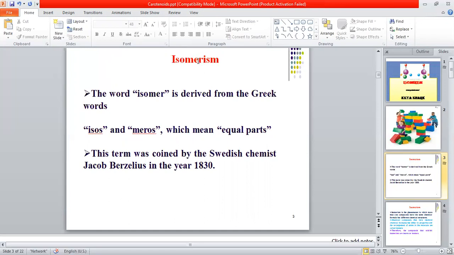So isomer means similar part, and this phenomenon is called isomerism. Those compounds which show isomerism are called isomers, and this property is called isomerism. This term was coined by the Swedish chemist Jacob Berzelius in the year 1830. We have to always remember this.